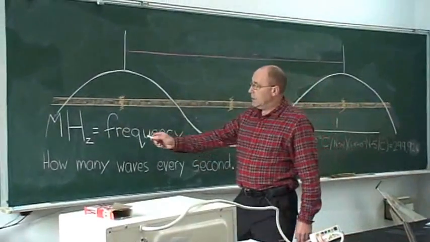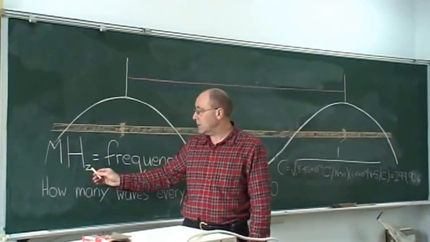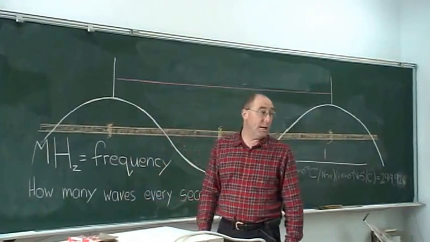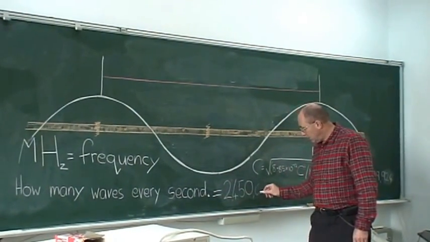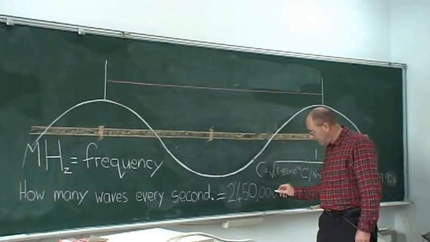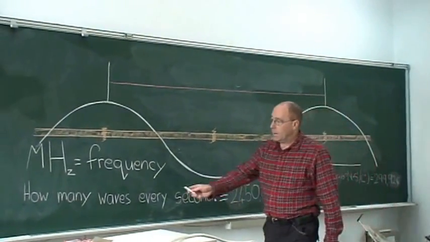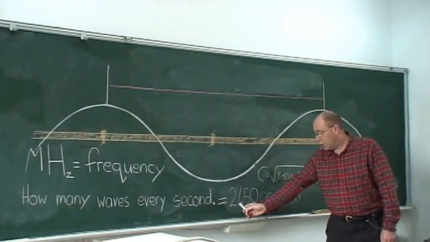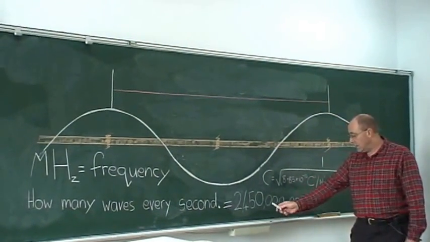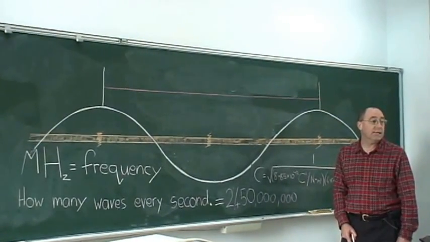Now, if you look on the back of the microwave, it says MHz. M means million. So we've got this, and I've got to put a million. 1, 2, 3. 1, 2, 3. So here, how many waves every second? 2, 4, 5, 0, 0, 0, 0, 0, 0, 0 waves every second.